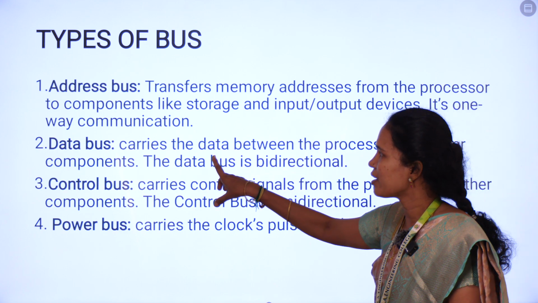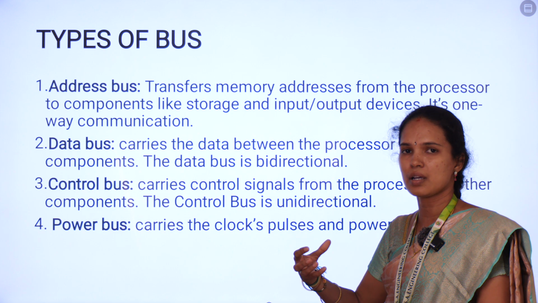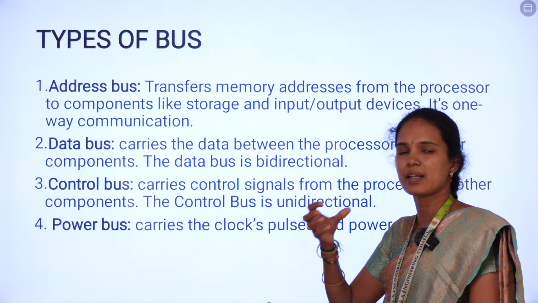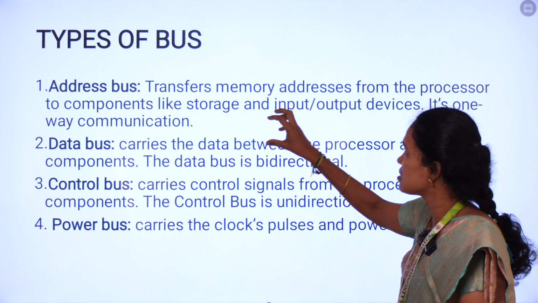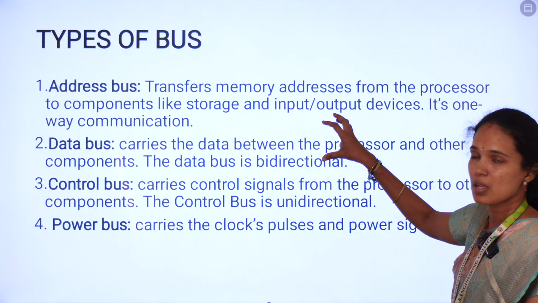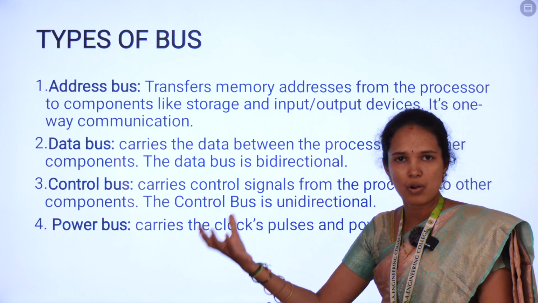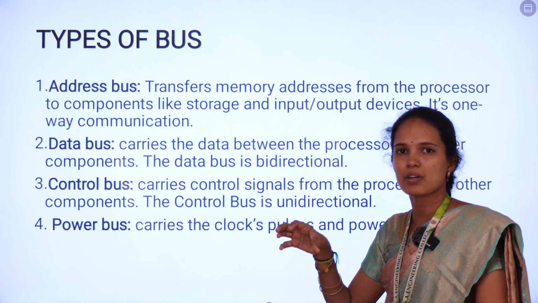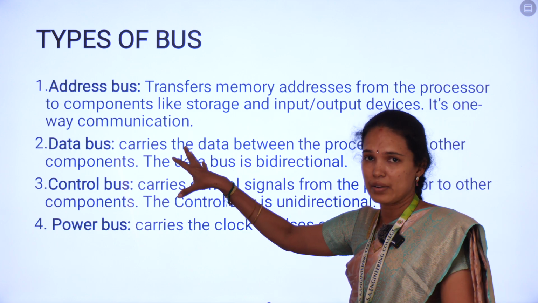It is one-way communication, meaning it carries the address of which instruction has to be executed. That address is carried by the address bus, from the processor to the particular component you want to transfer it to.